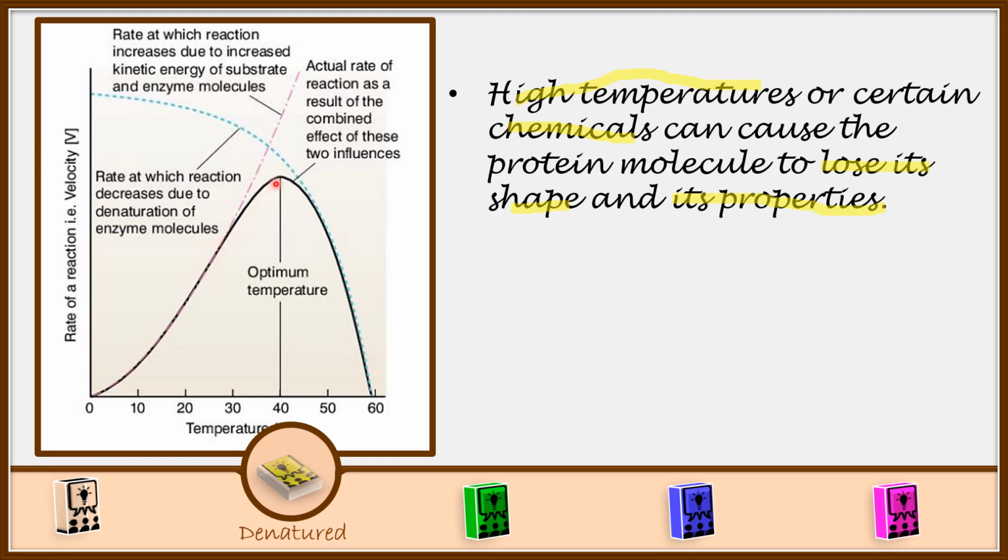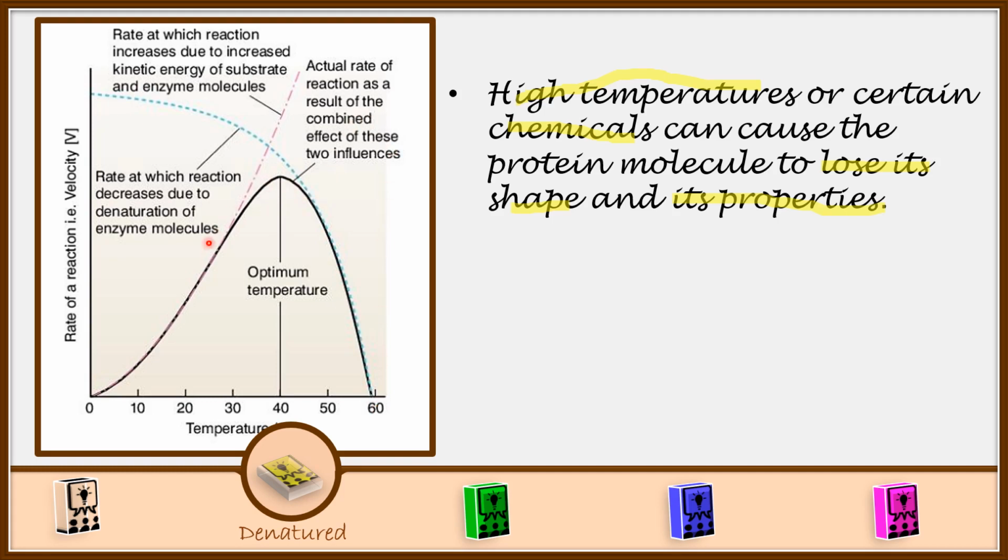So as the temperature increases and goes beyond the optimum temperature, the optimum temperature being the temperature at which the enzyme performs at its best or to its maximum, the rate of reaction is going to reduce. Why? Because the enzymes are being denatured.